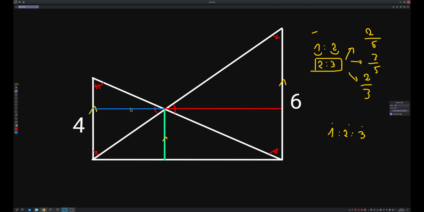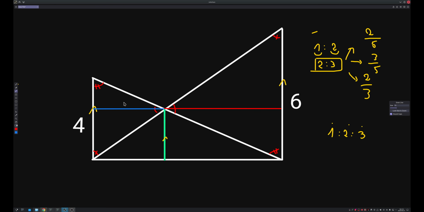And these 2 lines are the same as this line because they are parallel, so they have the same length. And there I have 6, there I have 4, and I can note that as a ratio, and that would be 2, 3. So that's the ratio I used as an example here. These 2 segments are in a ratio 2, 3.